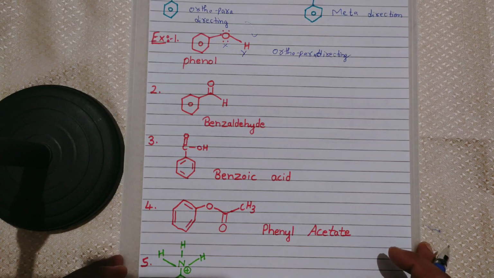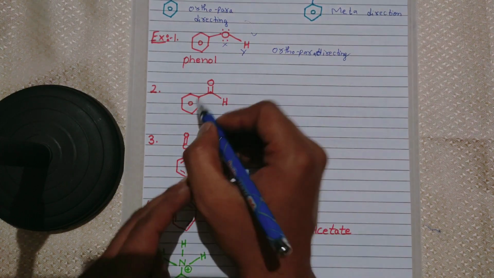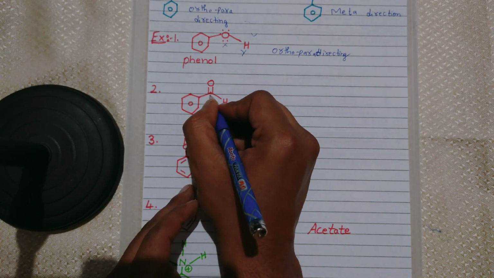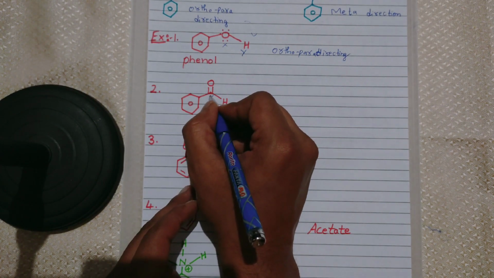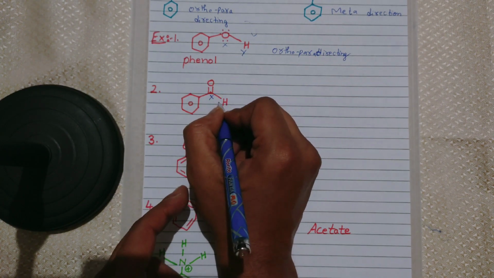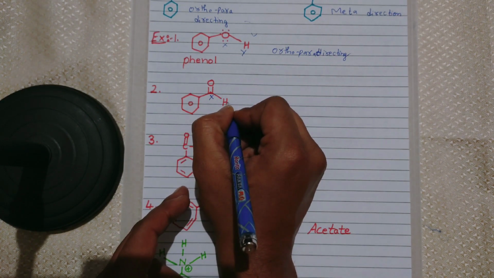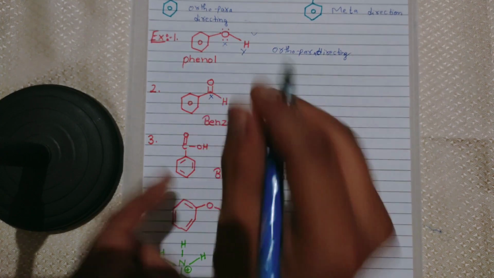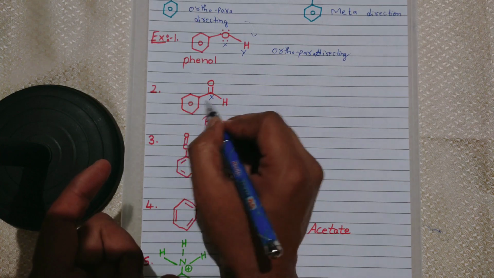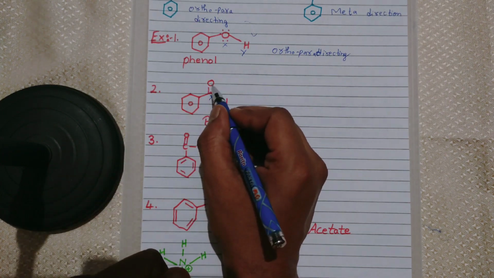Now let us move on to the next question. Benzaldehyde. The atom directly connected to benzene here is carbon, so I will take carbon as X. Now to X, oxygen is connected. We have a single bond with hydrogen and a double bond with oxygen. In this case we have to give priority to the double bond. Whenever you come across this type of case, give priority to the double bond.